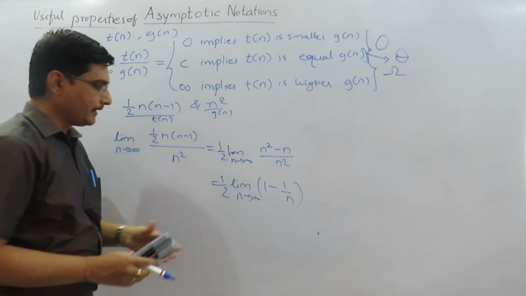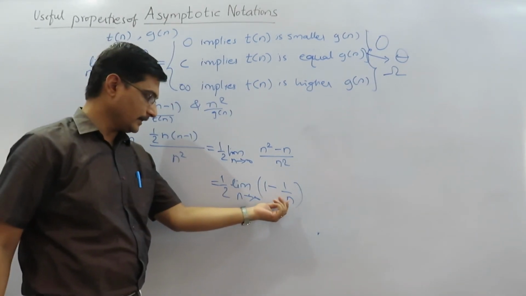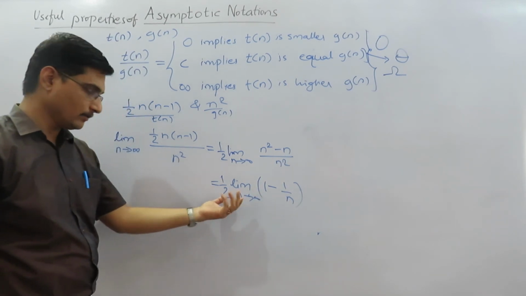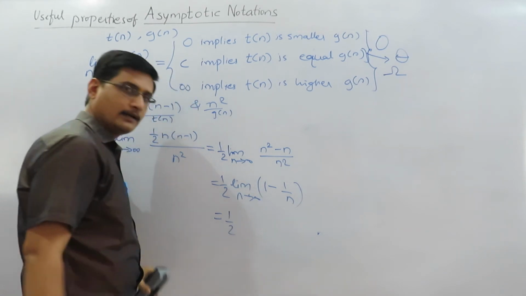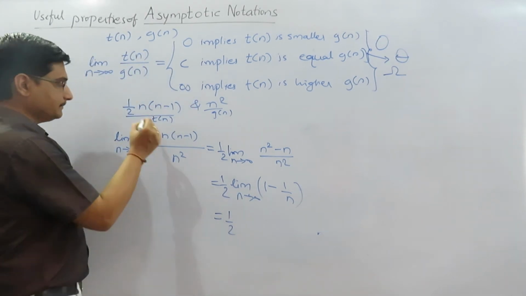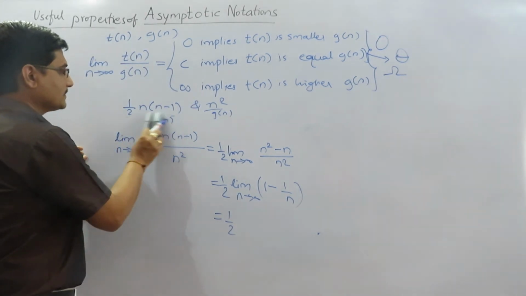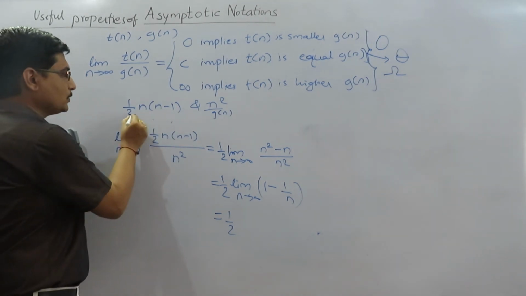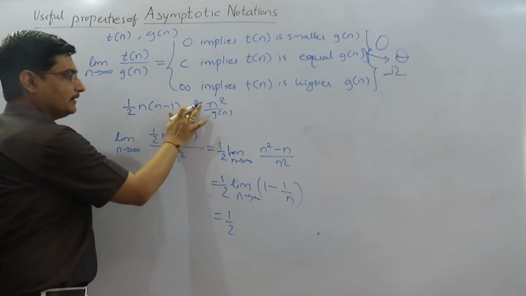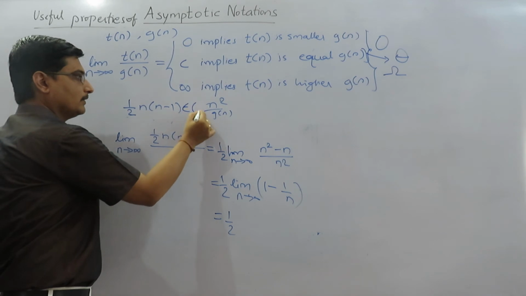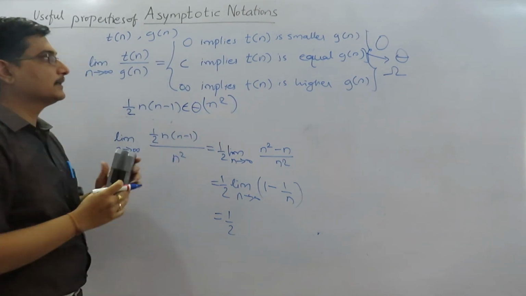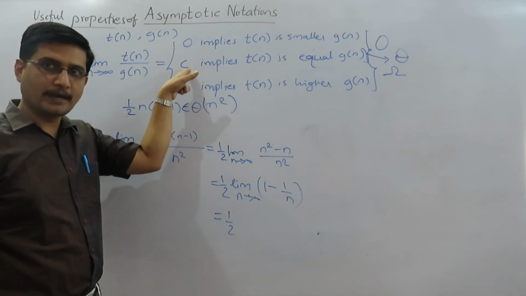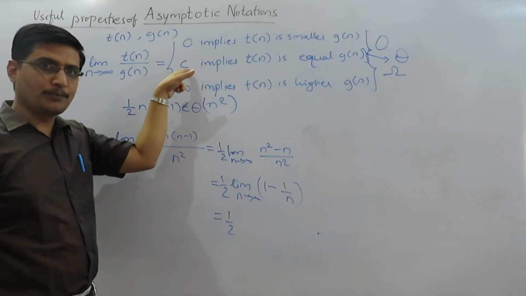If we apply the limit, n is infinity, so 1 divided by infinity is 0, so the limit is 1. So we get the constant. So we can say that 1 by 2 n into (n minus 1) belongs to theta of n square, because we have got the constant 1 by 2. I hope you are getting it.